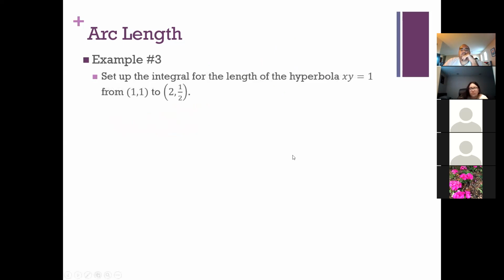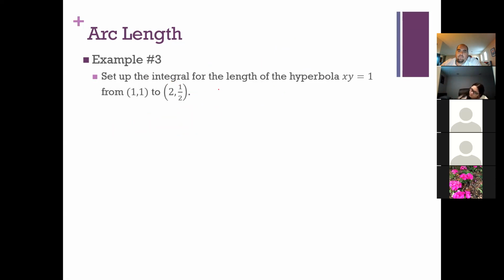All right, so I want to set up the integral for this arc length. So I'll let you all drive. What should I do to start? Set the function correctly.